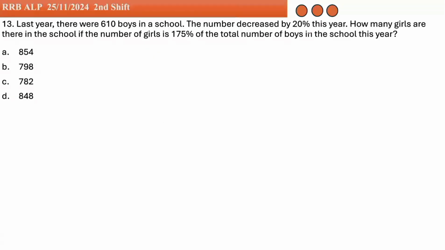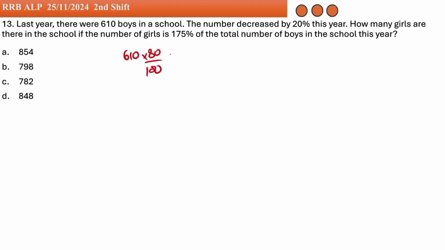Next. Last year there were 16 boys in a school. The number decreased by 20% this year. How many girls are there in the school, if the number of girls is 175% of the total number of boys in the school this year? Last year there were 16 boys. This year 20% decreased. That is, only 80% of boys were present.